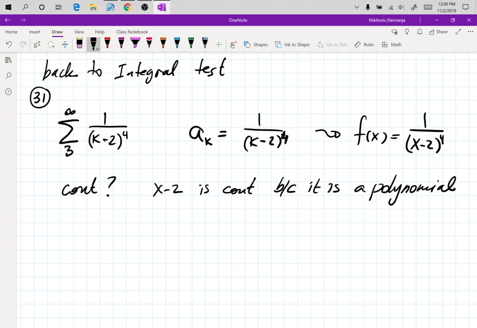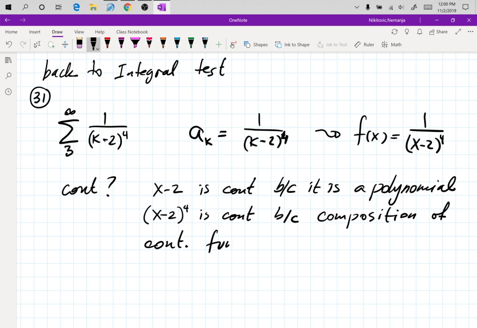Now, building it further, x minus 2 to the 4th is continuous because composition of continuous functions gives a continuous function. So we established right now that the denominator is continuous, right?